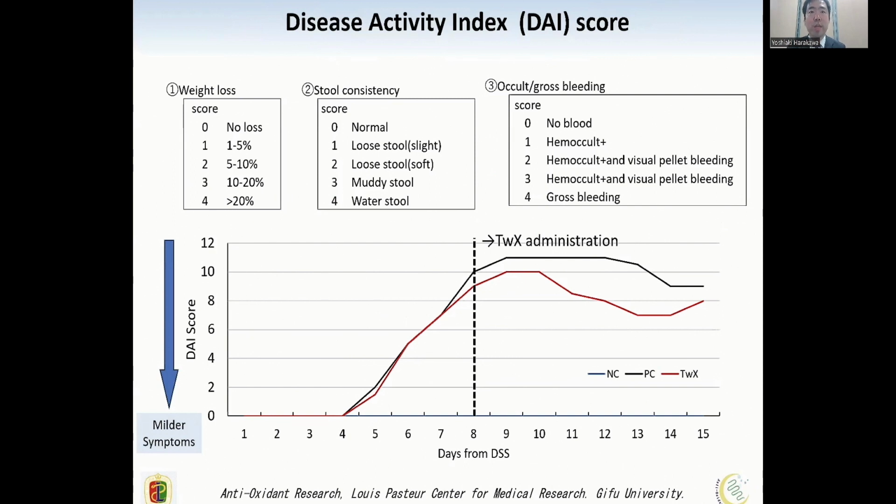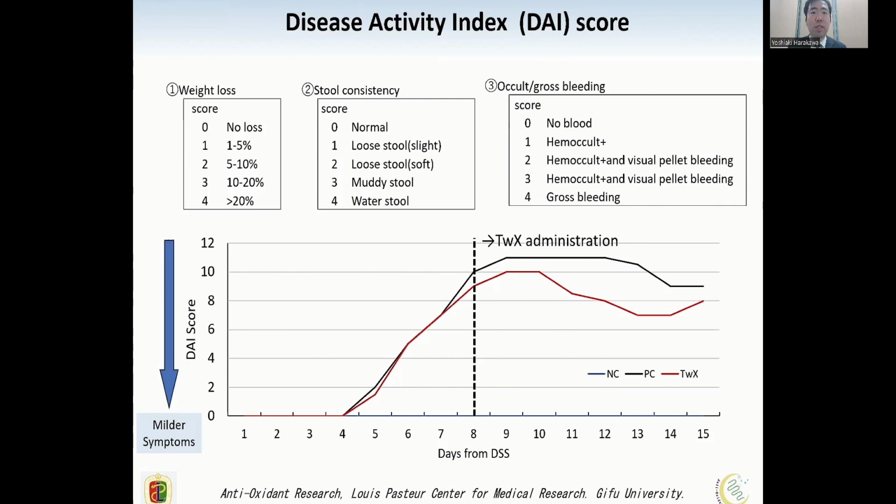To measure the degree of symptomatic relief of ulcerative colitis, the Disease Activity Index score, or DAI score, was measured. The DAI is a combined score of weight loss compared to initial weight, stool consistency, and bleeding. Scores are defined as follows. Weight loss is scored 0 if there is no weight loss at all, and 4 if there is a loss of 20% or more.